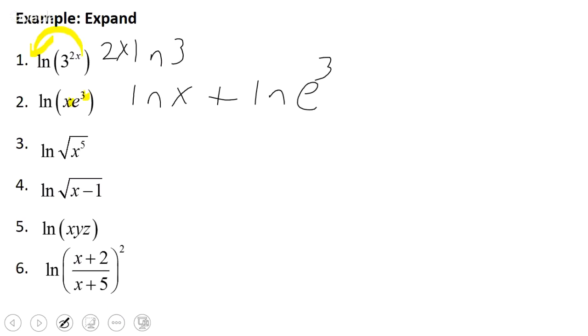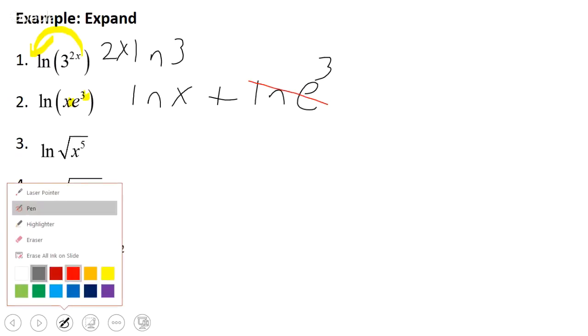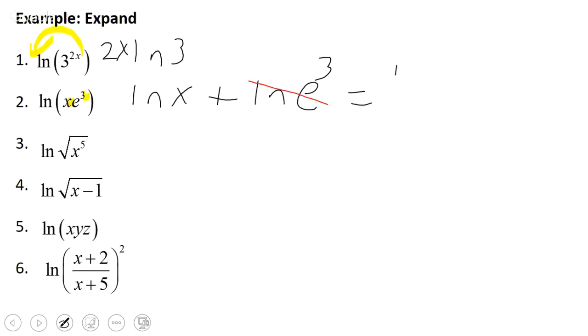Now I have another property. The ln and the e cancel each other out because ln, remember, is log base e. So the ln and the e cancel each other out, and that just leaves me with 3. So that gives me ln of x plus 3.